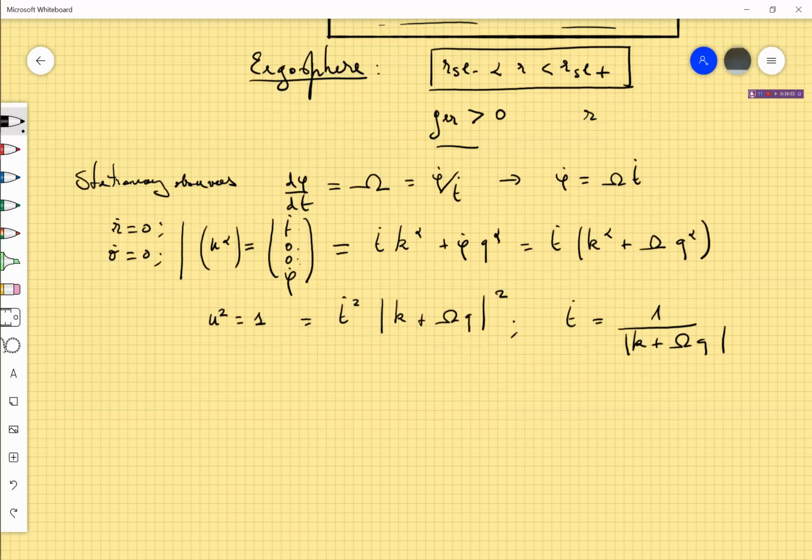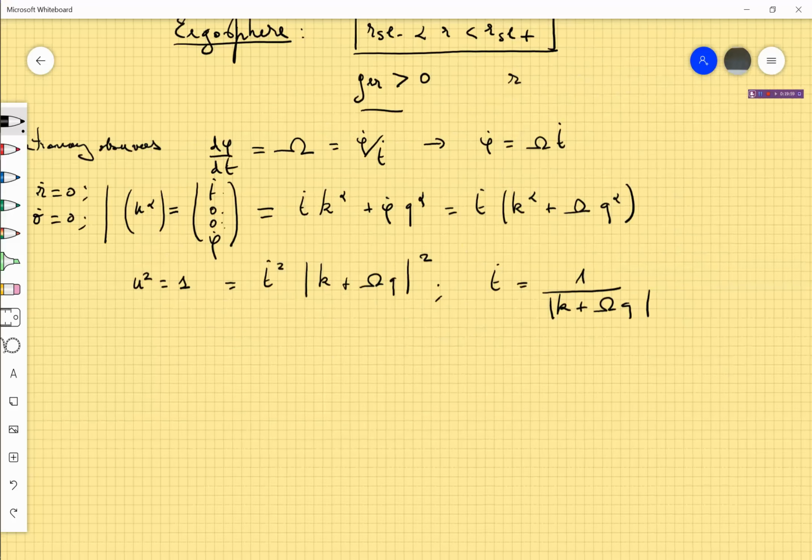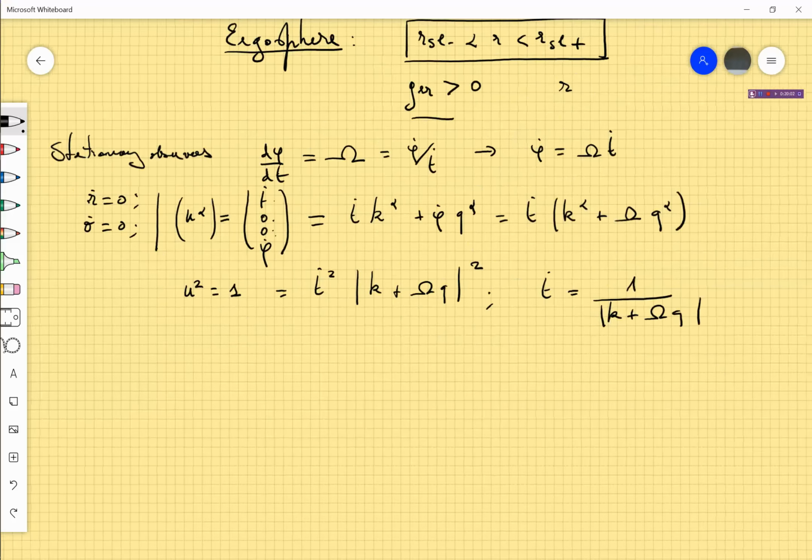The same reasoning as before tells us that you can have this class of stationary observers as long as this norm is different from 0. In fact, since we started with the square, and this is how you compute the norm, and this is the square of a real number, this has to be positive, so you cannot allow it to become 0 or negative.